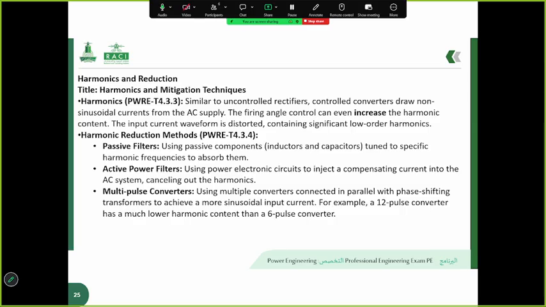For example, a 12-pulse converter generates significantly lower harmonic distortion compared to a conventional 6-pulse converter. These mitigation techniques are essential for improving power quality and ensuring reliable operation of modern electrical power systems.